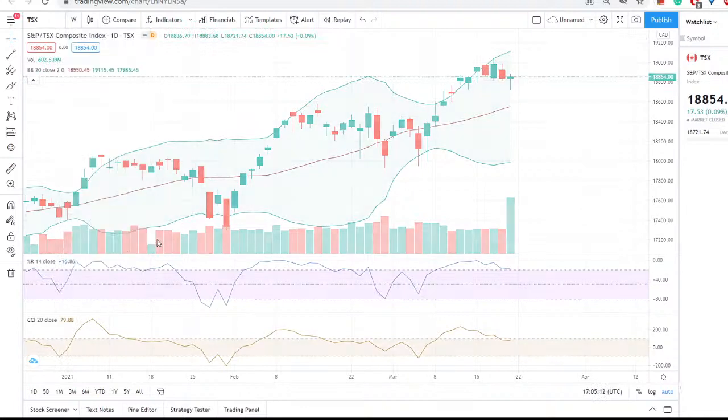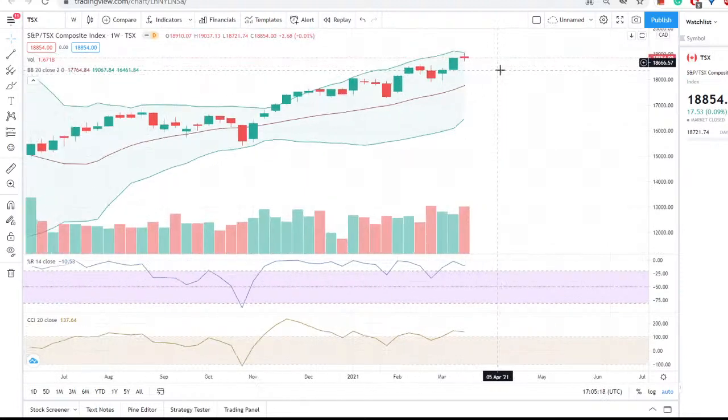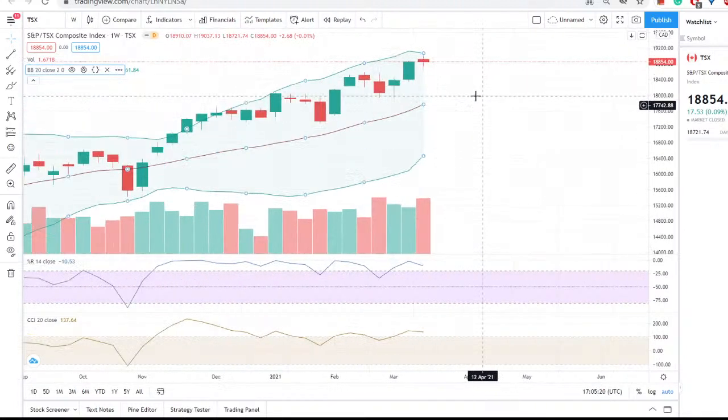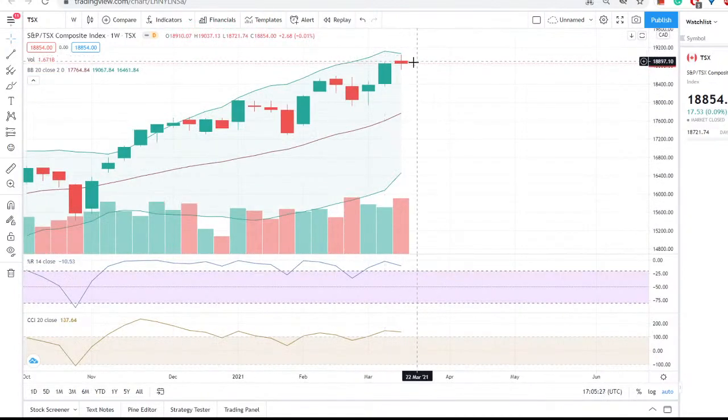If you see on the weekly chart, the last week was a red candle, and if you closely see, the upper Bollinger Band has turned slightly downward.